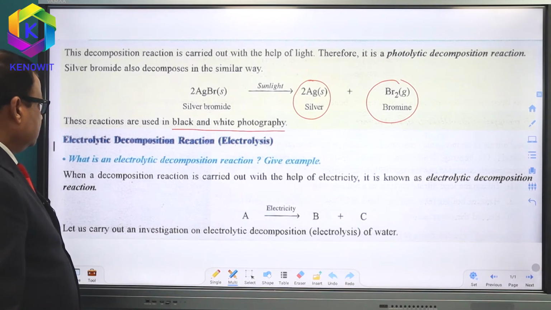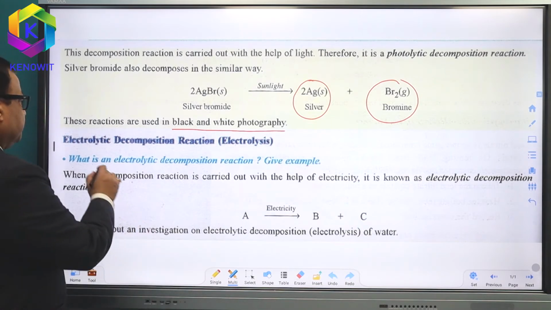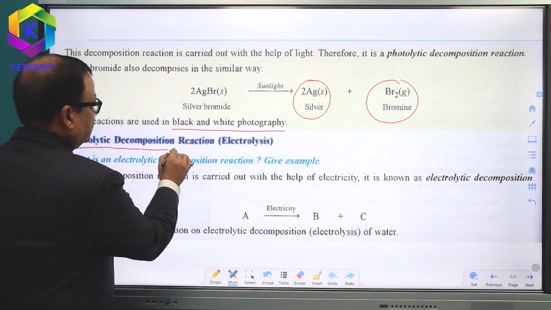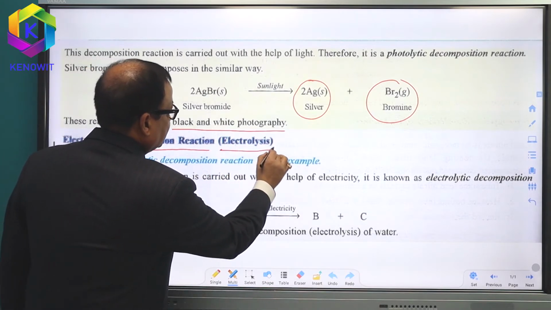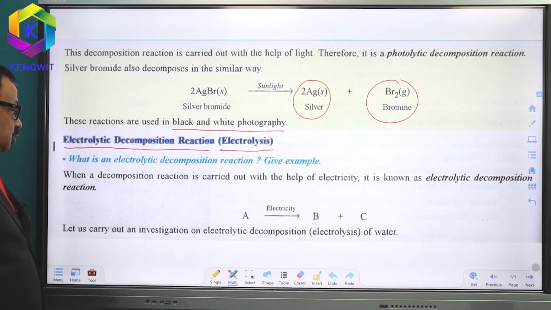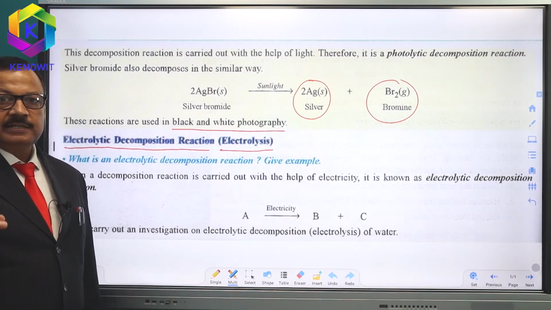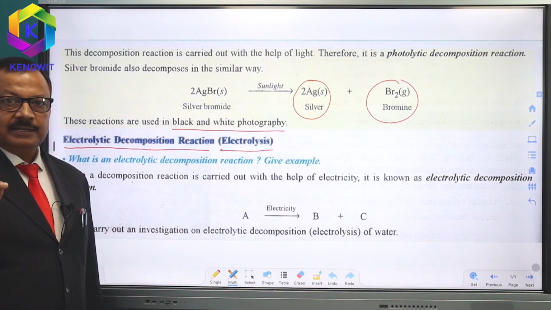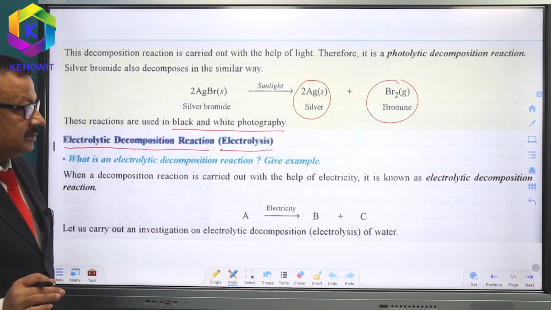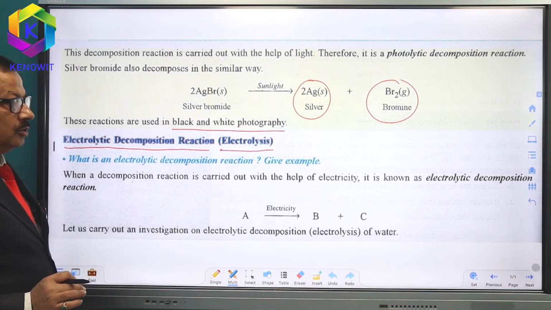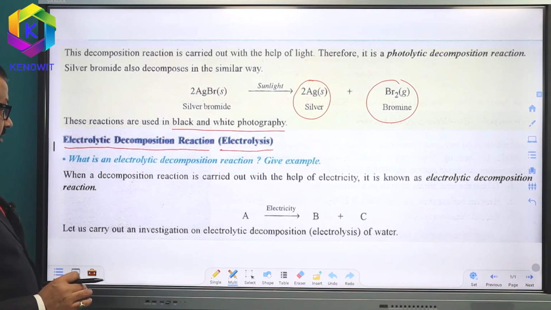Then the third one is electrolytic decomposition, or electrolysis. When a decomposition reaction is carried out with the help of electricity, it is known as electrolytic decomposition reaction.